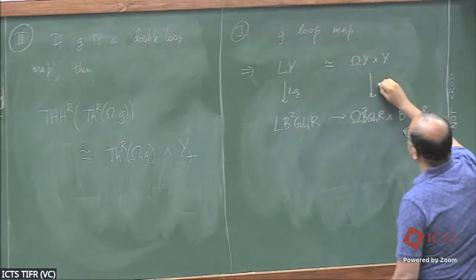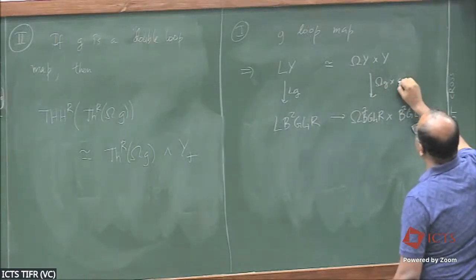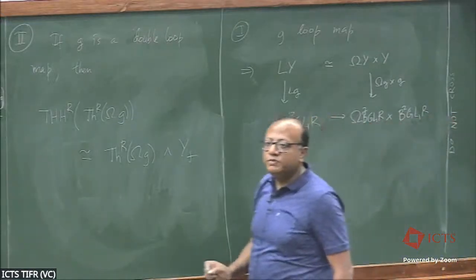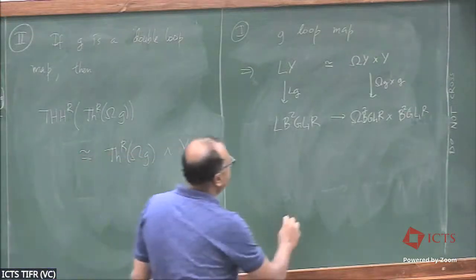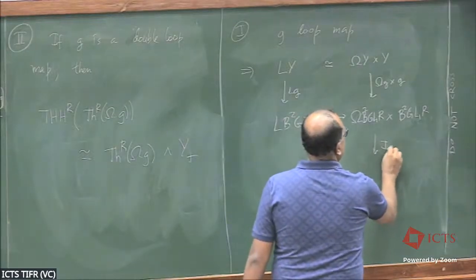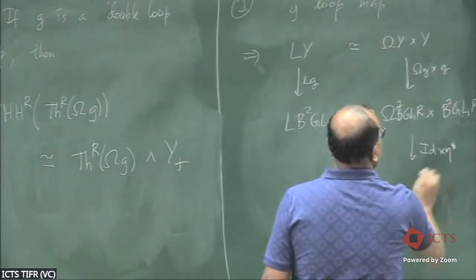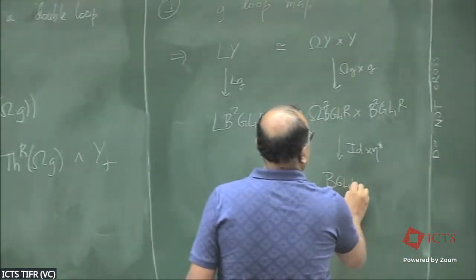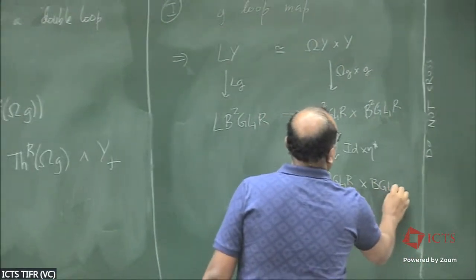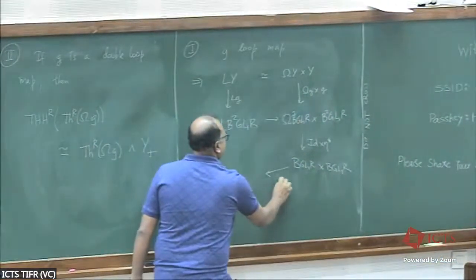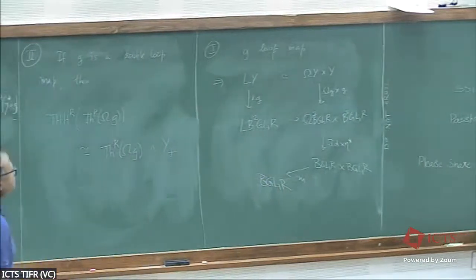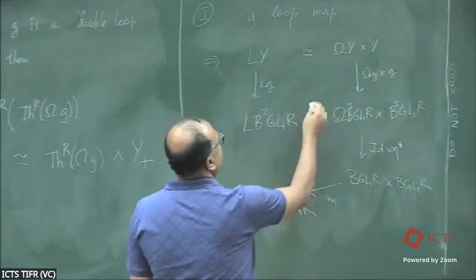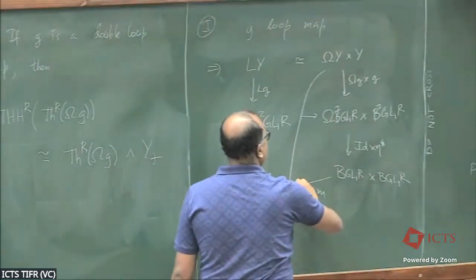This is going to be omega G cross G. So this diagram is going to be homotopy commutative if G is a loop map. And now what you do here is you go to identity cross eta star to BGL1R cross BGL1R, then multiply to BGL1R.